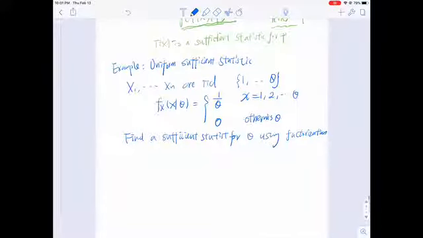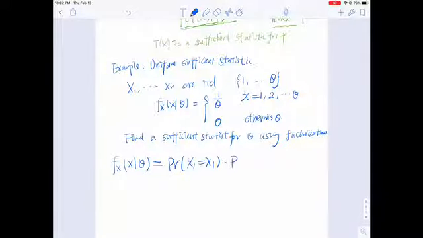Again, let's write out the joint distribution. Because they're IID, it's the same as writing the probability that X1 equals x1 times the probability that X2 equals x2, all the way to the probability that Xn equals xn.